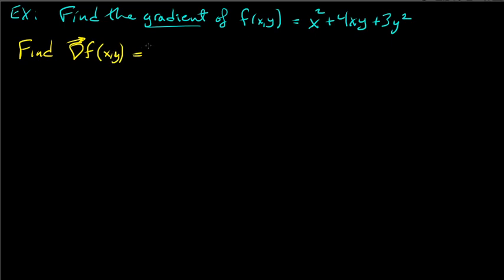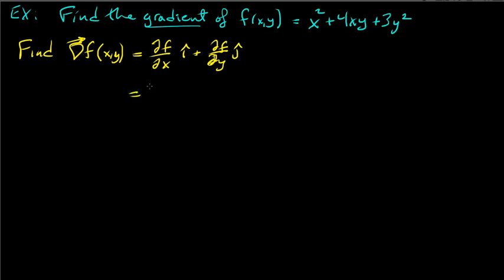It's on your formula sheet, but really it's not that hard to remember, as long as you remember it's just the vector with components: partial of f with respect to x, and partial of f with respect to y. The y partial is the y component, the x partial is the x component. Not hard to remember, I don't think. And in fact, we already took these partial derivatives when we did the directional derivative, so let's just do it again.